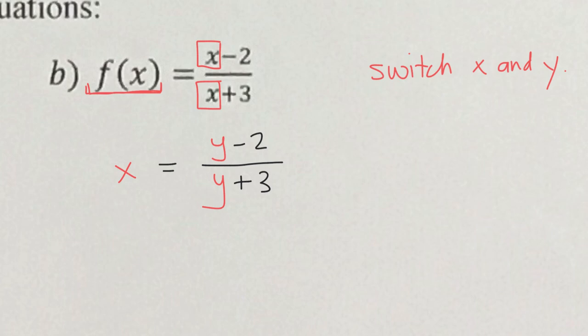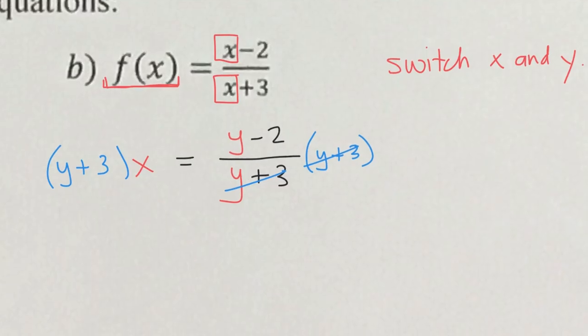How do we get rid of a denominator? Well, we multiply by it. So we're going to multiply both sides by y plus 3 in order to get this y out of my denominator. We can't solve for a y in the denominator. So you always multiply by the denominator if you want to move it. And we do.